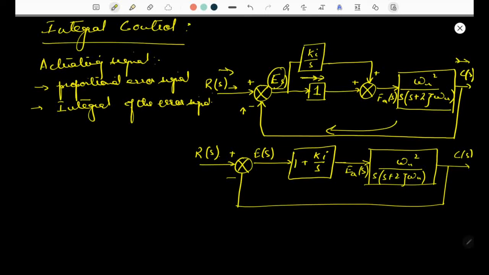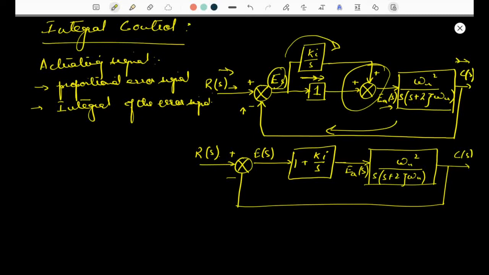In this line the proportional error signal moves, here the integral of the error signal moves, and both get added. We then get the actuating signal from both, and it goes to the system, giving the output. This is how we reduce the error in the output using the feedback control system.